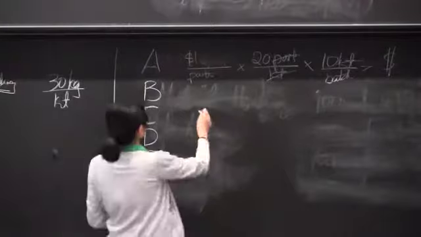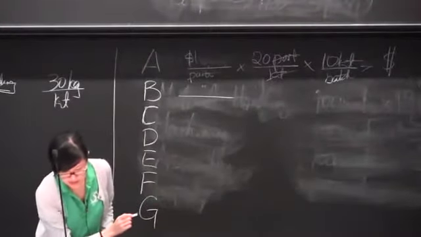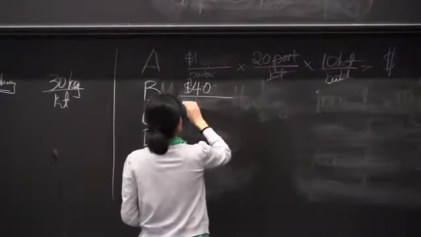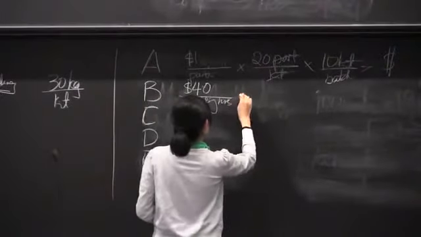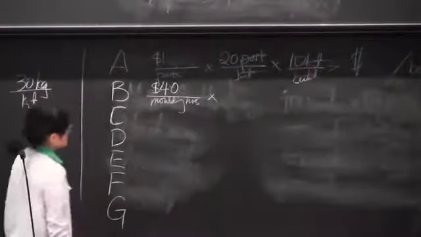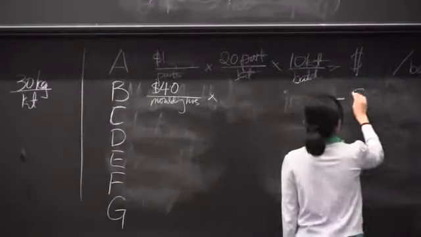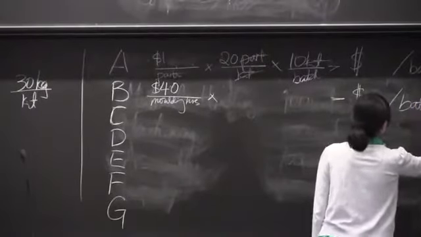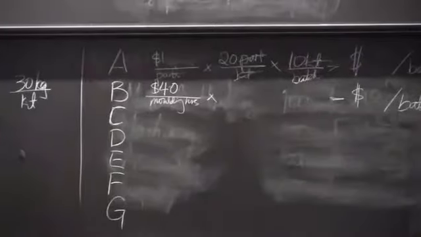The second part, what's their cost driver? Molding hours. So their cost is $40 per molding hour. We're looking for what? Dollars per batch, right? How do we get that?